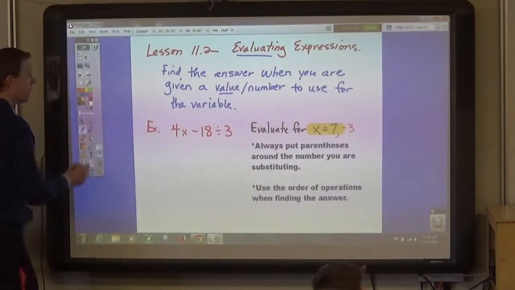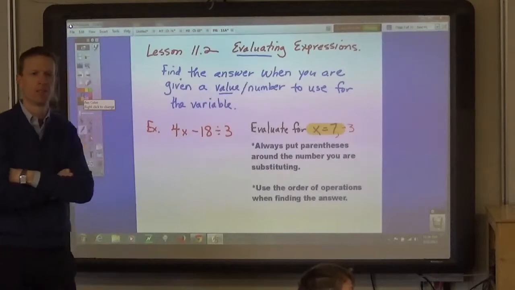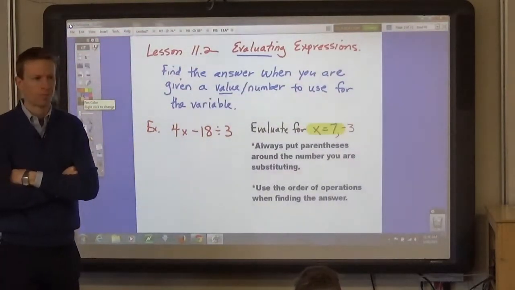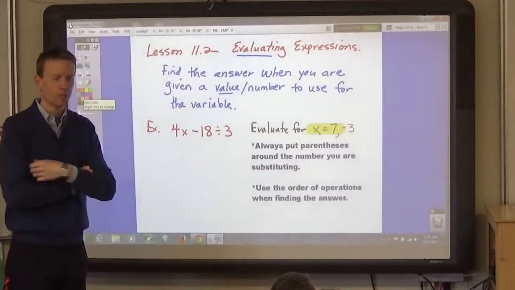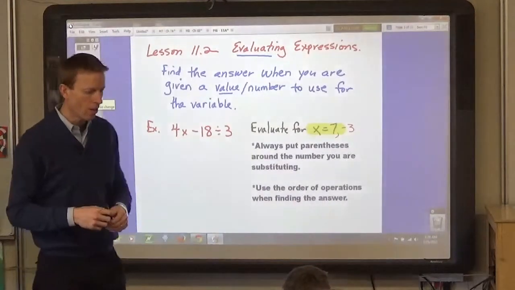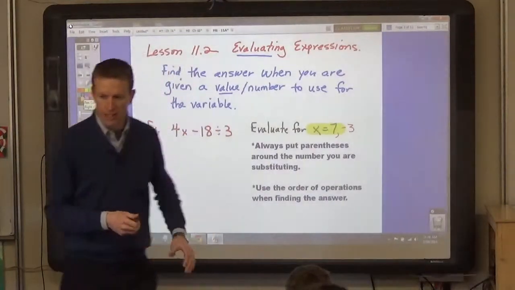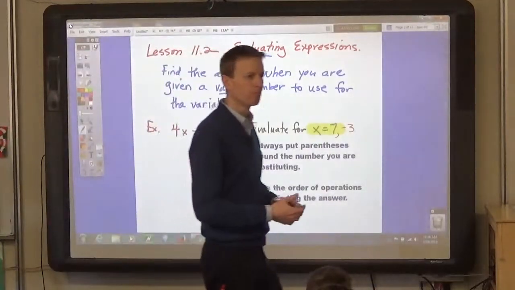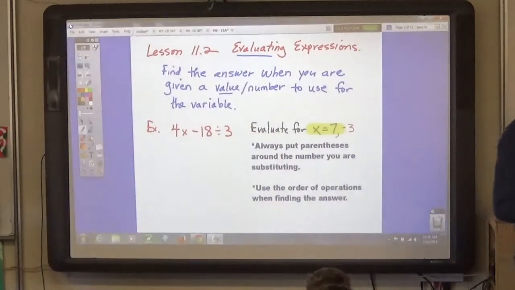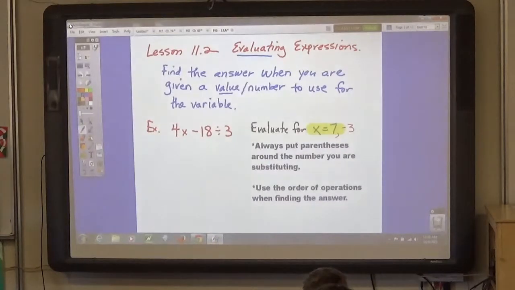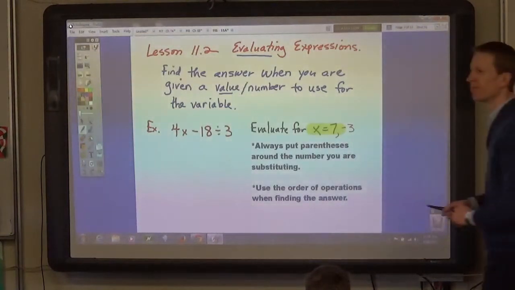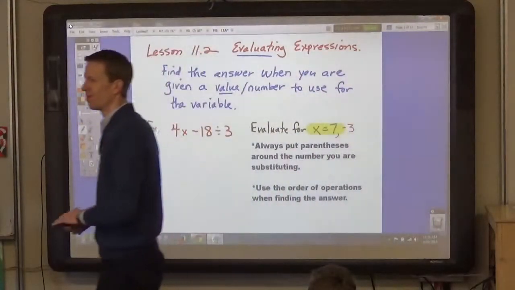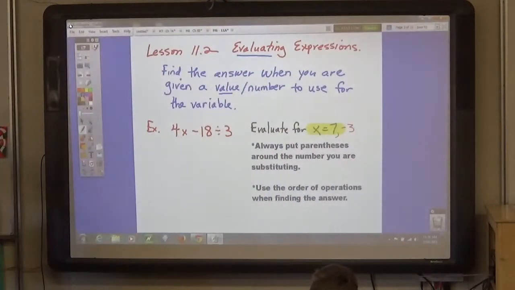So let's substitute in negative 3. Substitute in negative 3. Go ahead and do that right now. For this same expression, now substitute negative 3. Put this in your notes. Put this in your notes, Asa.